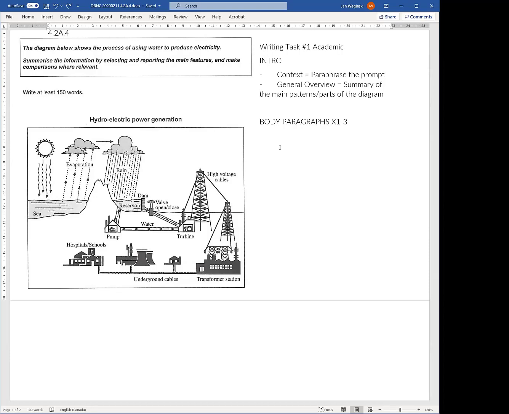Uh-huh. And so this is a different way of writing. It might work for you. It might help you avoid some mistakes related to longer sentences. Then you can look at the sentences and decide if you want to put them together or if you don't want to put them together, depending on how confident you are that you're doing it correctly.